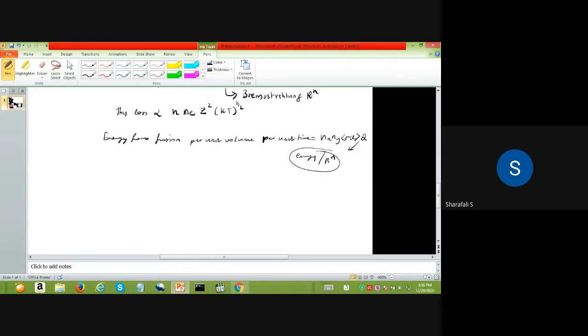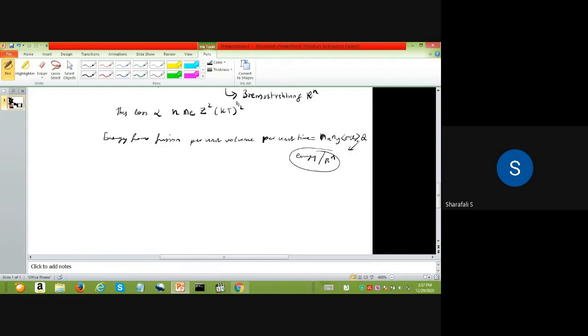If one nuclear fusion reaction happens, q energy will be released. The n_x n_y sigma v term is nothing but the rate of reaction, so this much reaction is happening per unit time.